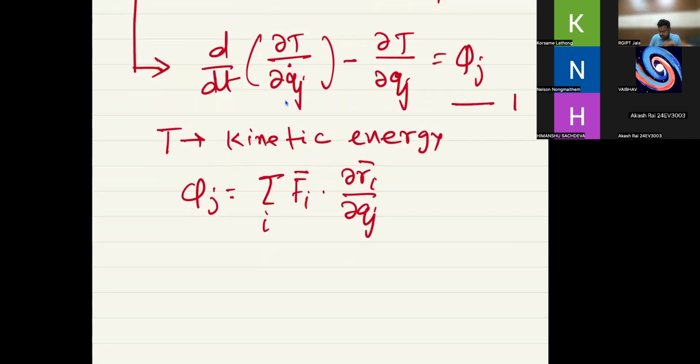Let's say this is equation 1. So Qj is the generalized force. Now let's say Fi is conservative, that this is a conservative force.